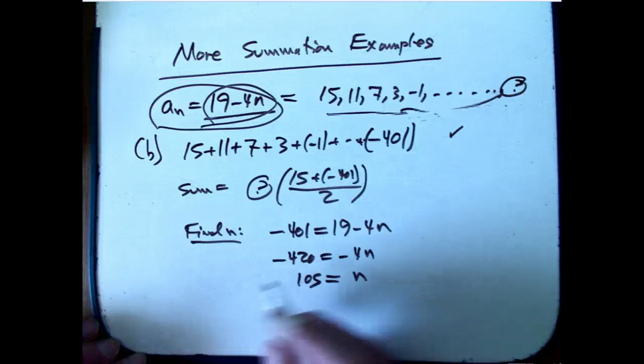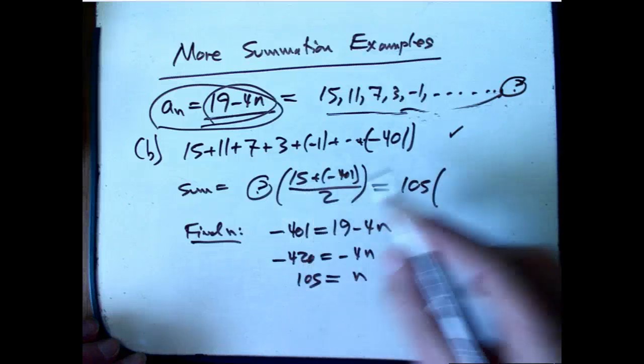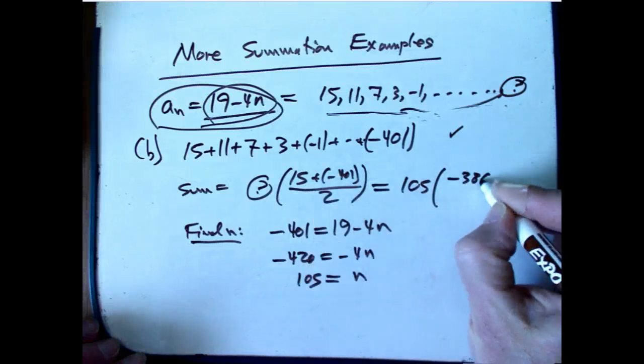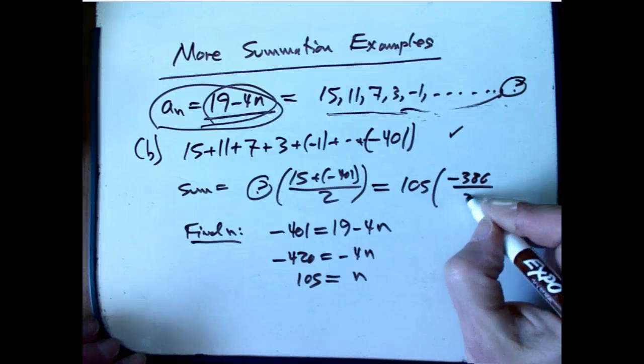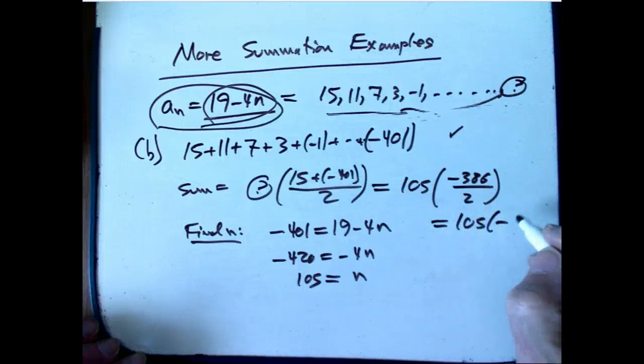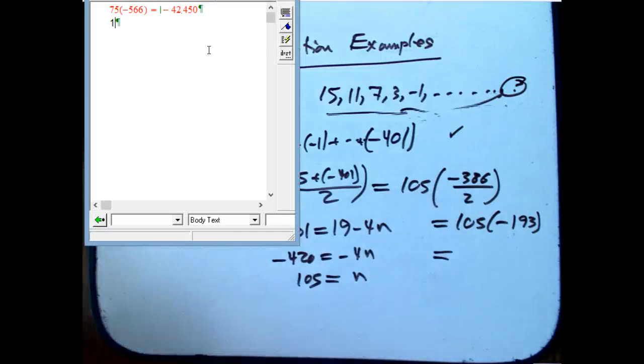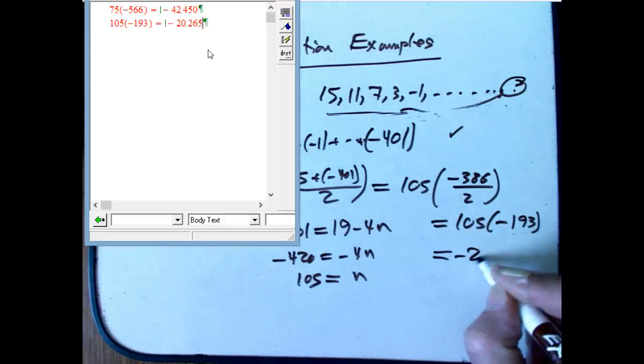So now finally the sum is going to be 105, and then this is going to be minus 386 over 2, and that's 105 times minus 193, which is, not that it's the most crucial thing, but might as well get an answer: minus 20,265.